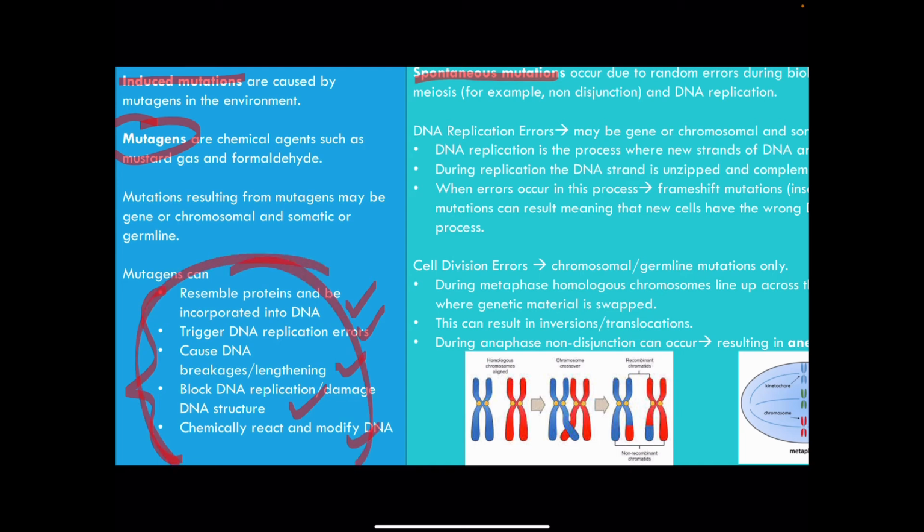So in all of these processes, what's really occurring is that either the nitrogenous base sequence or the chromosomal structure is being changed in some way. And so during protein synthesis, different proteins are going to be produced.